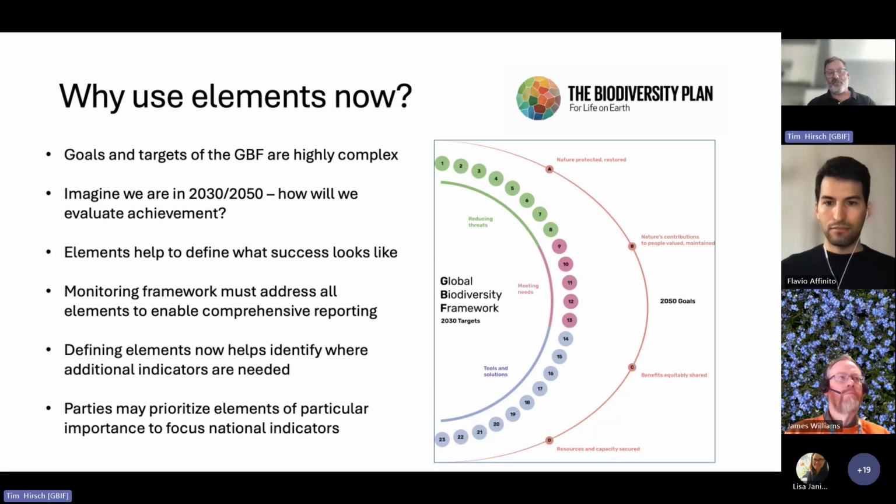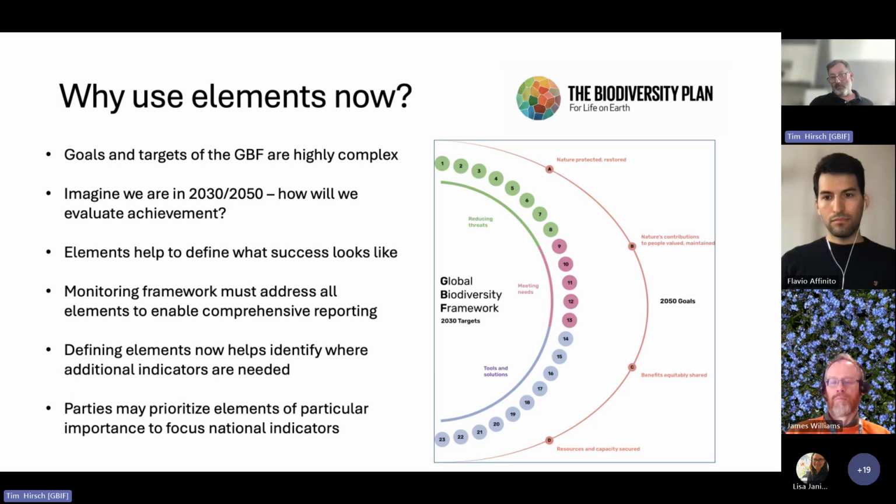And then taking that to the context of the monitoring framework, if the monitoring framework is really going to be the comprehensive mechanism to be able to monitor effectively the ambition of the Global Biodiversity Framework, then in principle, it should be able and capable to address all of the elements of the goals and targets to enable that comprehensive reporting. Also, but specifically in the context of the gap analysis, defining those elements now and relating them to the available indicators helps to identify where additional indicators may be needed.